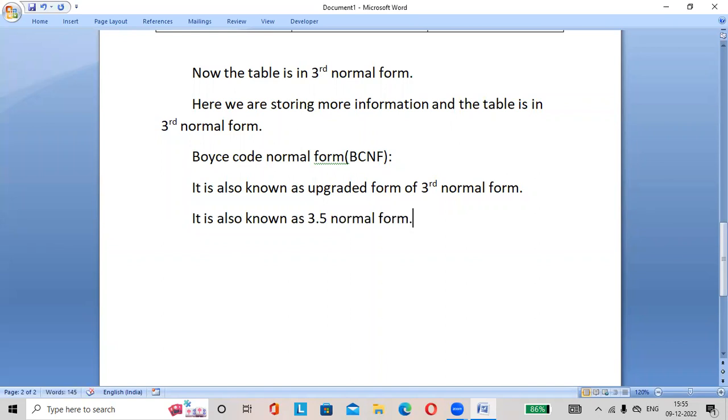Okay, what are the conditions of BCNF? First, the table should be in third normal form. Okay, next, rule number 2.